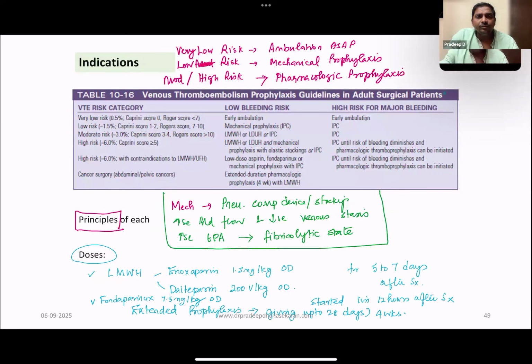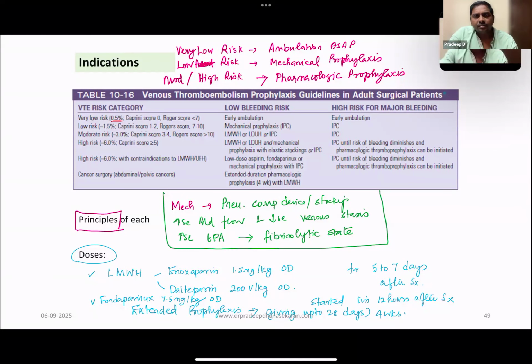Then moving on to the VTE prophylaxis guidelines in adult surgical patients based on the risk category calculated from the scoring systems. We have very low risk, moderate, and high risk. For very low risk category patients, there is a 0.5% risk of developing DVT.